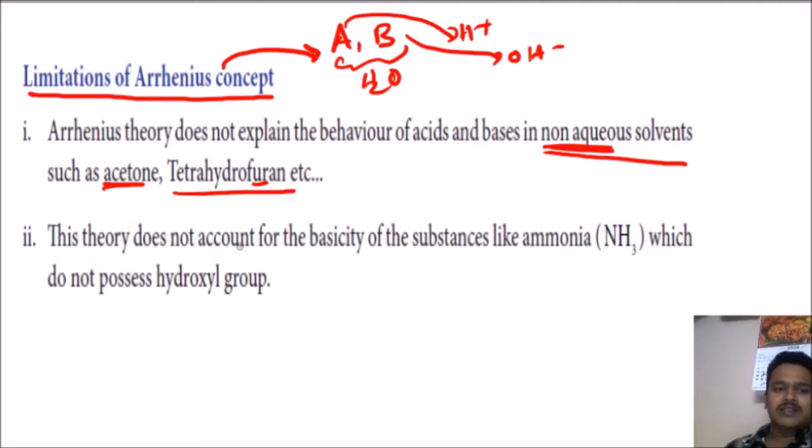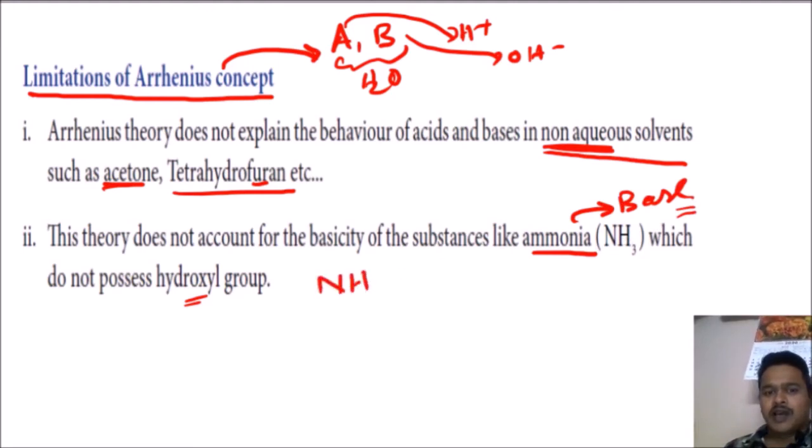This theory does not account for the basicity of substances like ammonia, which does not possess a hydroxyl group. Ammonia is a base, that is a proven fact. Everybody knows ammonia is a base, but this NH3 has a lone pair, and it acts like a base by donating this lone pair.